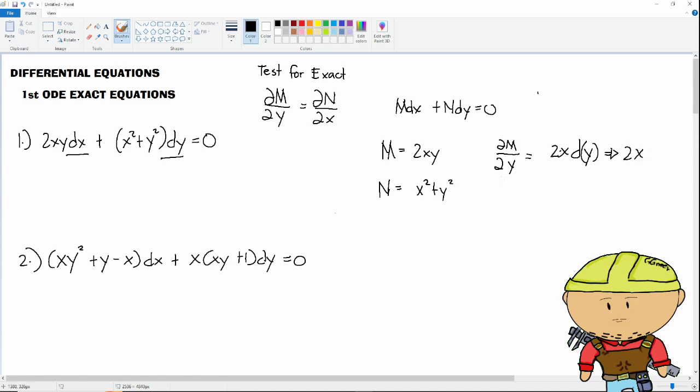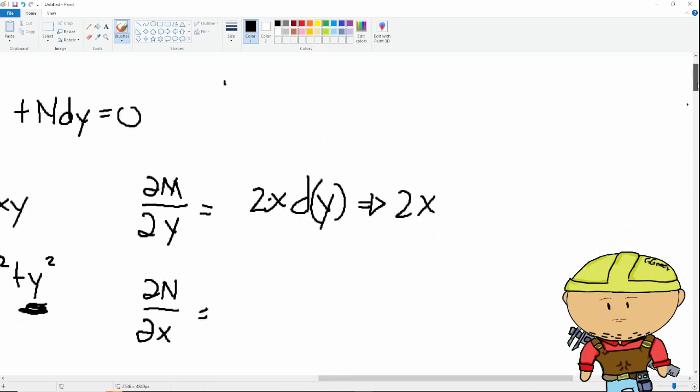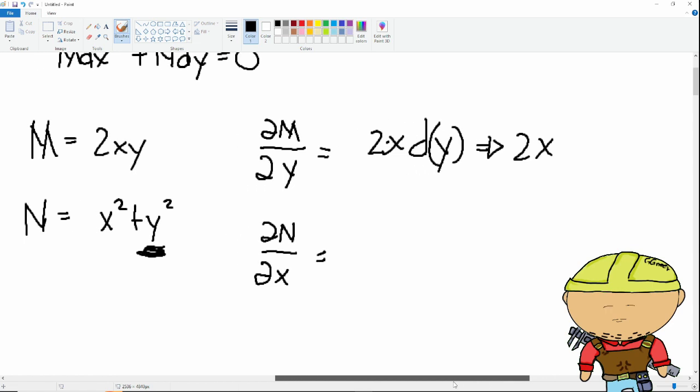Then N with respect to x. We will now differentiate only x. On the y squared term, we put y squared because y squared is considered constant.